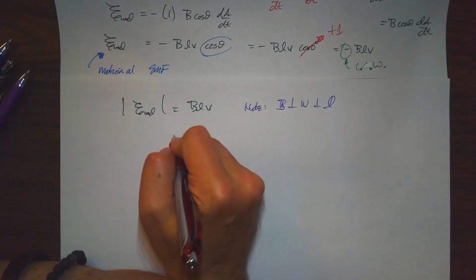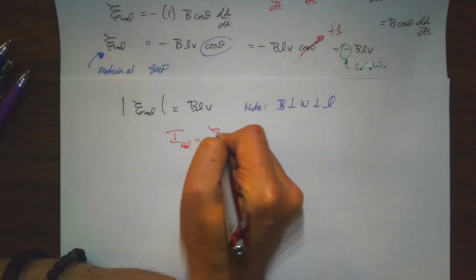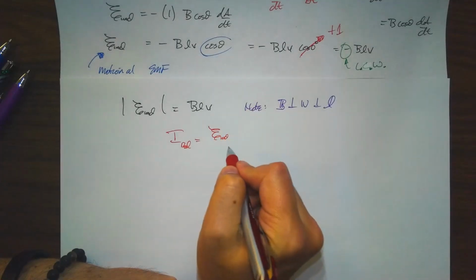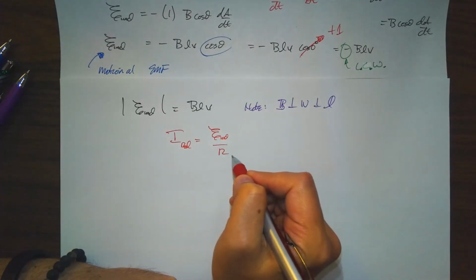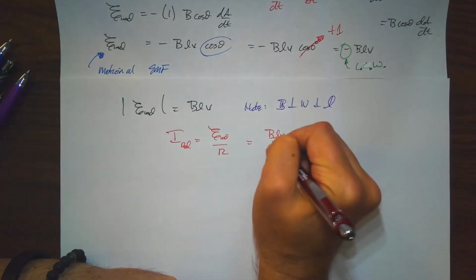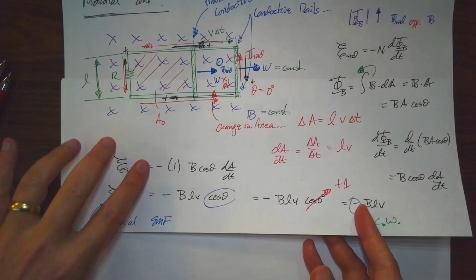And then what we can do is say that the current in the rod is our induced EMF over the resistance of the circuit. And so you get B times L times V over R. Okay? And so this has nice applications.